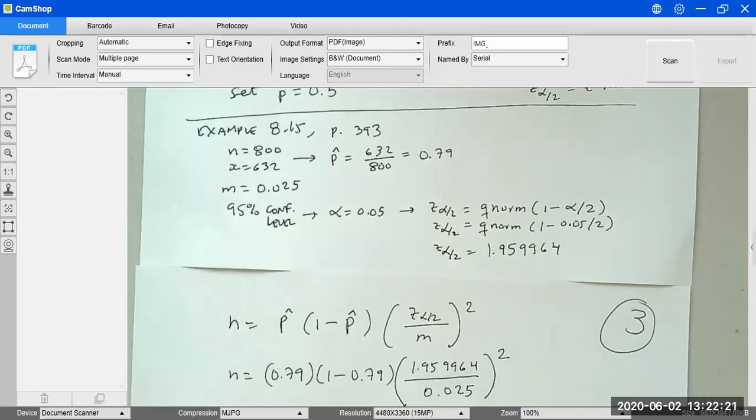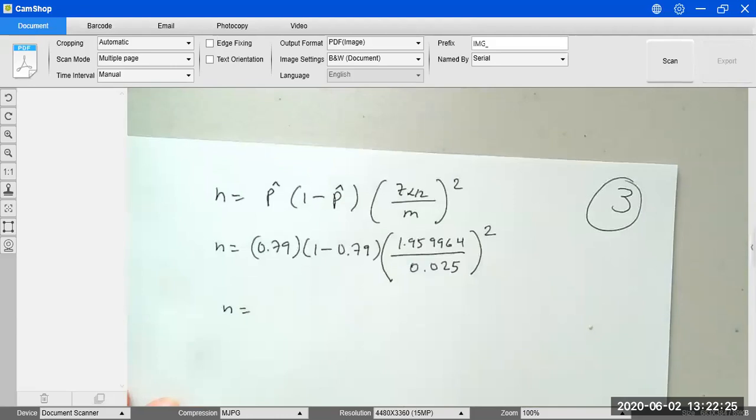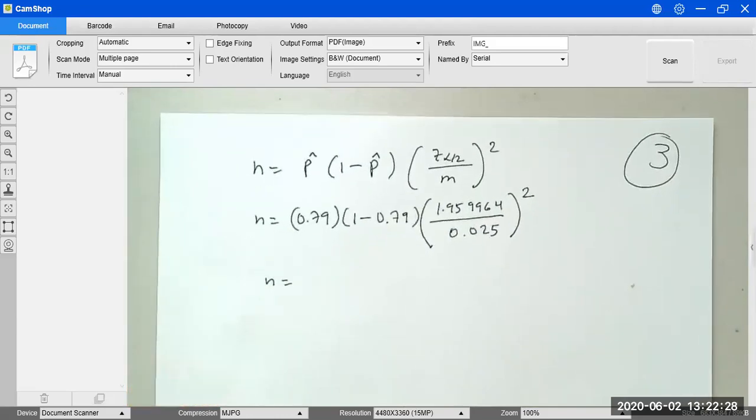So let's use our R console to find the answer for this computation.